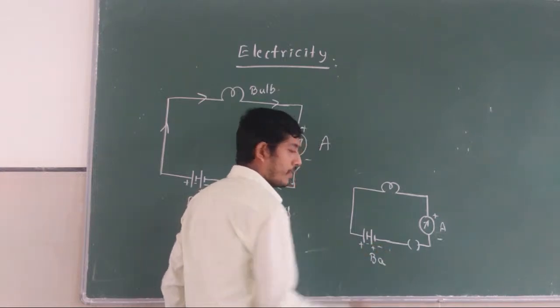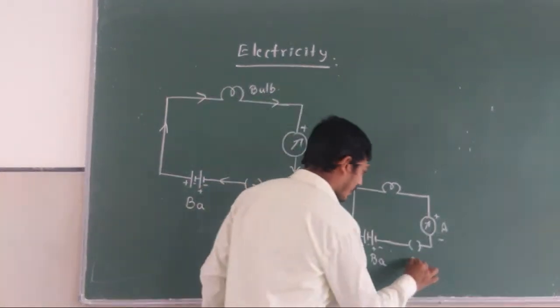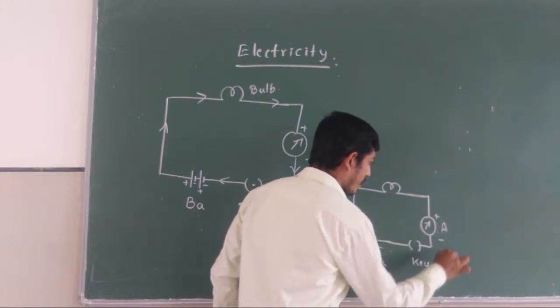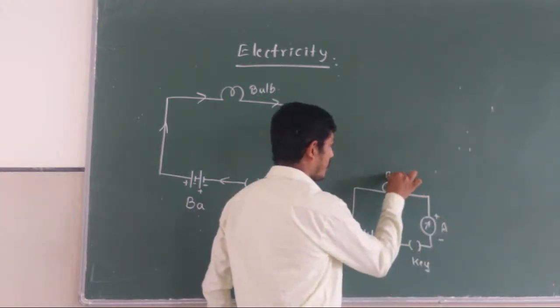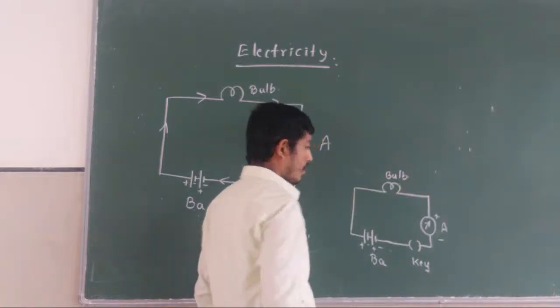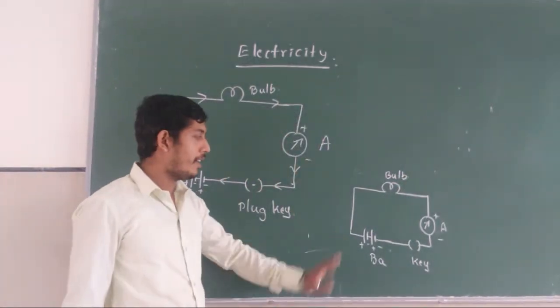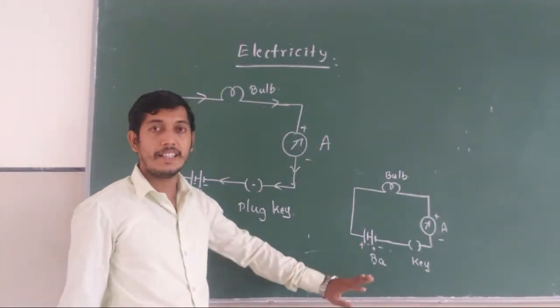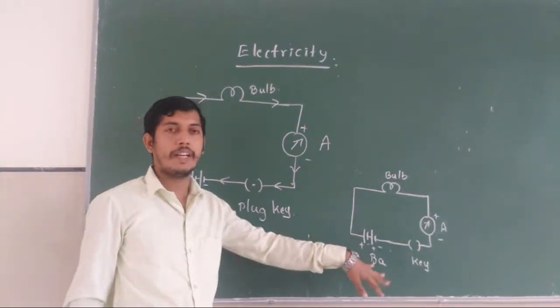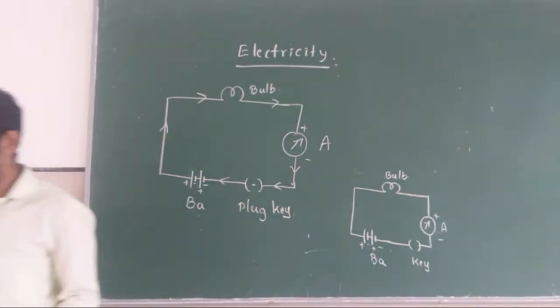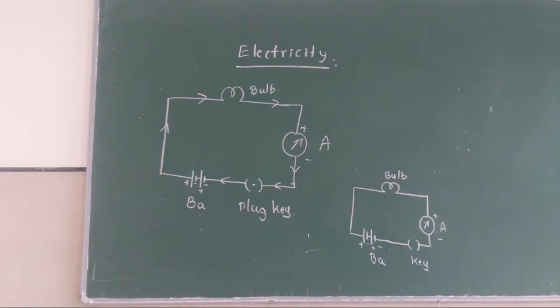So I will represent that with the battery, and this is the key, then the ammeter, then this is the bulb. So here, tell me, will the electricity flow from positive to negative or negative to positive? Comment fast. In the second diagram, will the electricity move from positive to negative or negative to positive?